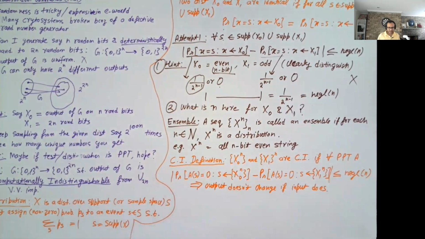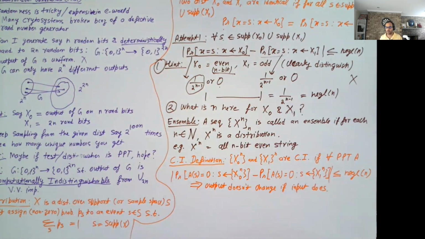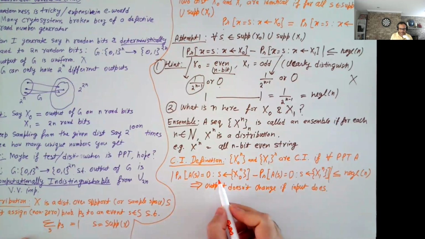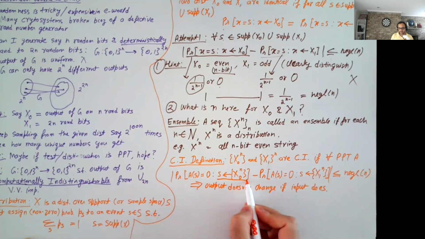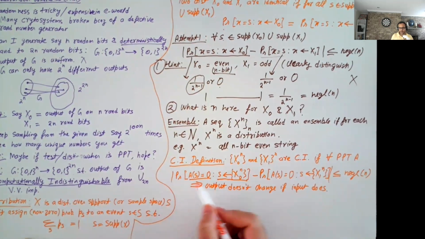Now, as a sanity check, let's go back to our even strings versus odd strings example. I can obviously construct an adversary which just checks if a string is even. If it is, it outputs 0, otherwise it outputs 1. Now let's say I'm sampling from the even string distribution. Then this adversary will always output 0, and hence this probability is 1.